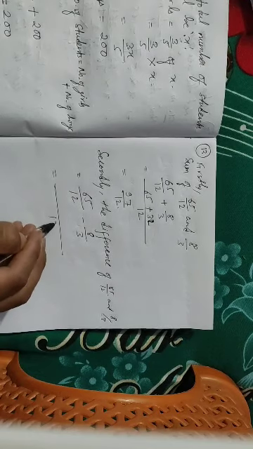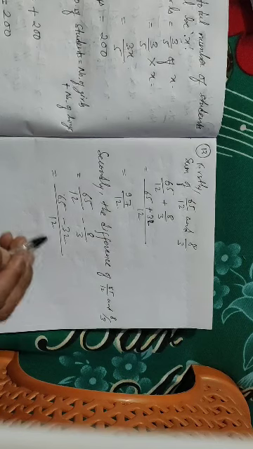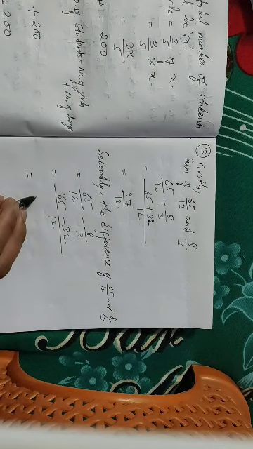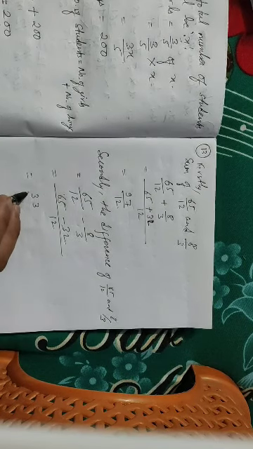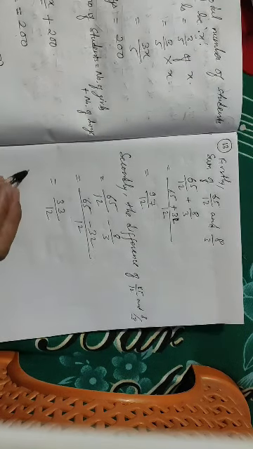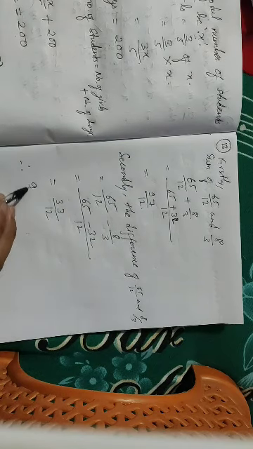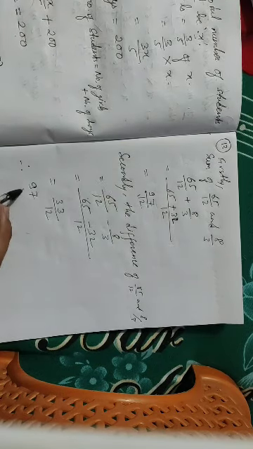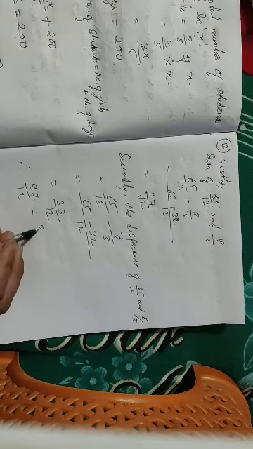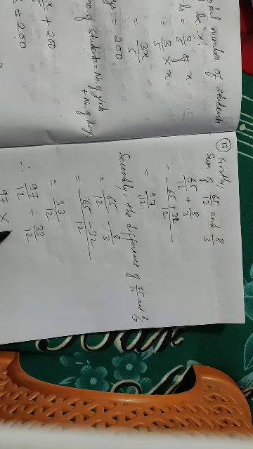Similarly, you will take the LCM as 12. This will remain same, only the sign will be different. So this is how much? 33 by 12, isn't it? So what you have to do? Therefore, you have to divide the sum by the difference. Means sum is how much? 97 by 12 divided by 33 by 12. Now I will make it as multiplication. So multiplication means this will go up, 12 by 33, right?